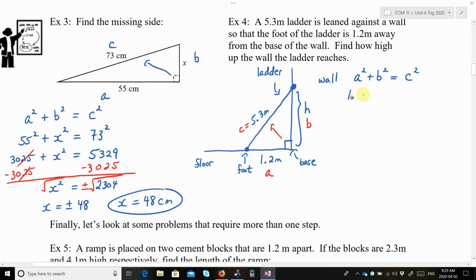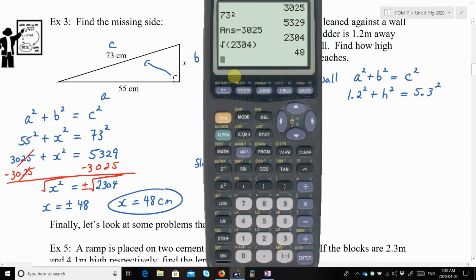So a is 1.2, so let's go 1.2 squared plus h squared equals 5.3 squared. Okay, and then it's just a matter of getting h by itself. So let's work out the numbers.